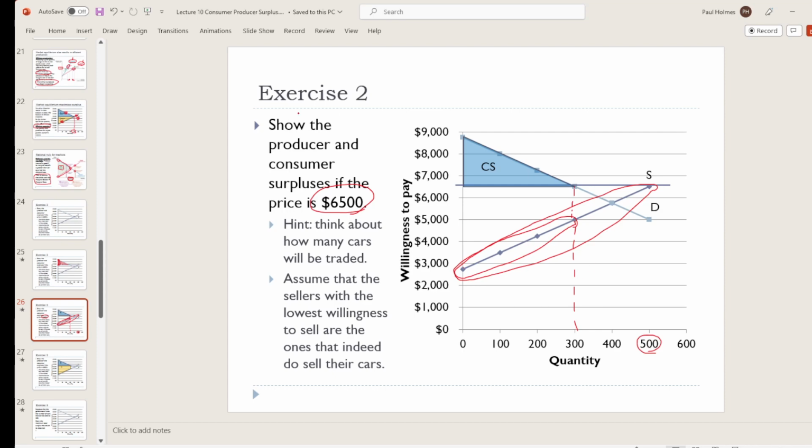And if we've decided then that those 300 people will sell, then the surpluses are equal to the sums of all of their bars like this, the difference between the supply curve and the price they're going to receive, this area in here all the way up to the amount that's actually traded, 300, and then we stop. So this then is the best producer surplus that could be obtained in this market with a price of 6,500.